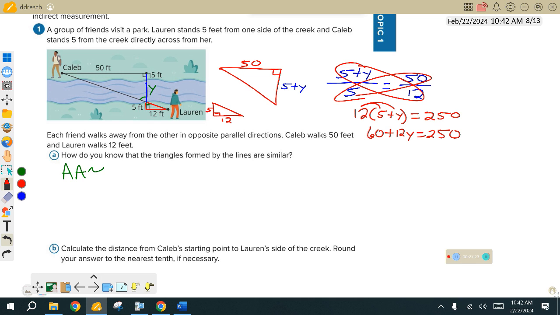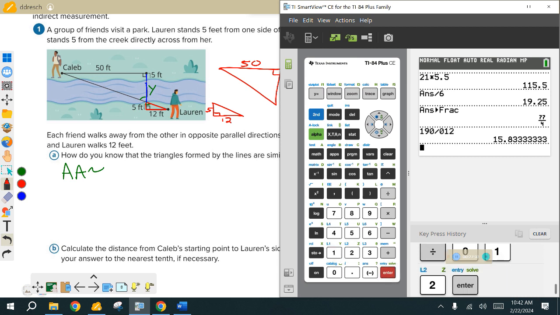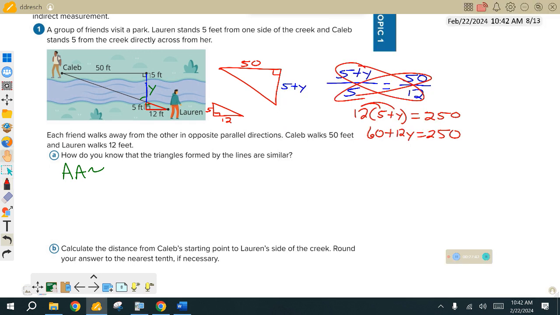It is not a pretty number. 190 divided by 12 is 15.83 repeating, right? And I believe it does say to round it to the nearest tenth. So what is it to the nearest tenth? 15 point what? Yep. So the width of that creek is 15.8 feet.